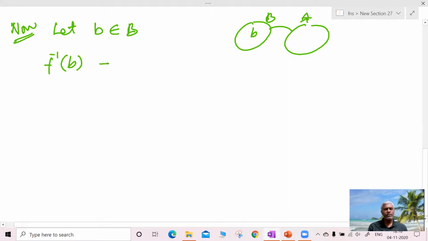Find the range, f inverse of b. We know f inverse of b is equal to a, since f of a is equal to b, so its inverse exists, and f inverse of b is equal to a.